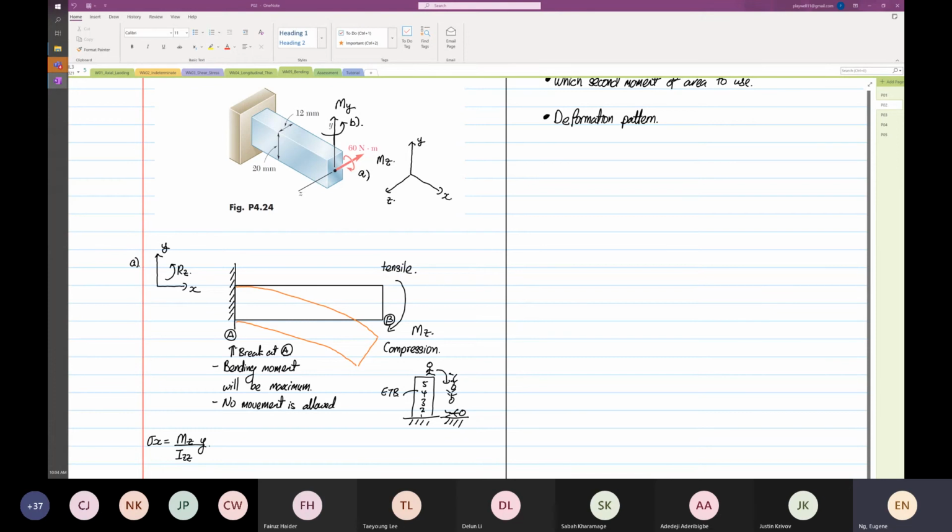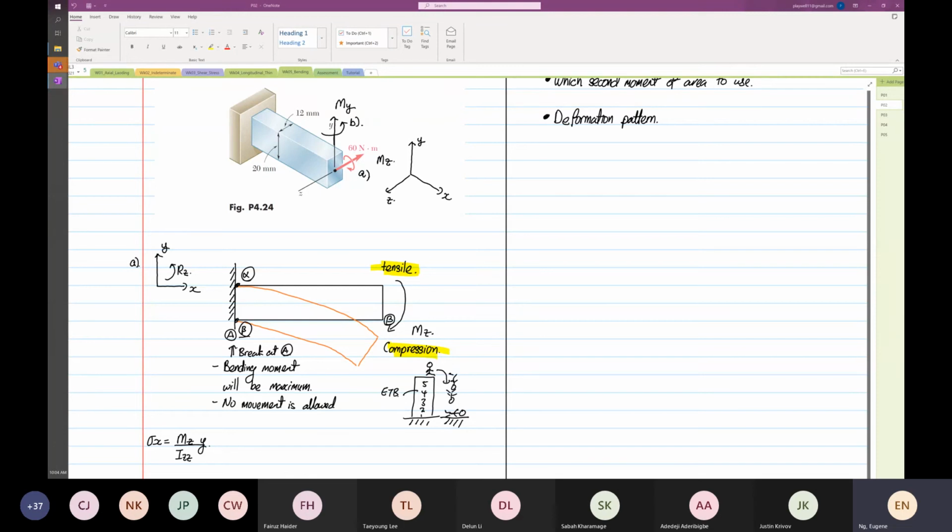You might have heard him talking about the negative sign. Now it's gone. Why can we take away the negative sign? This is the reason: we already applied the sign. We know down here is tensile, and down here is compression. If I call the top point alpha, the point down here is known as beta.